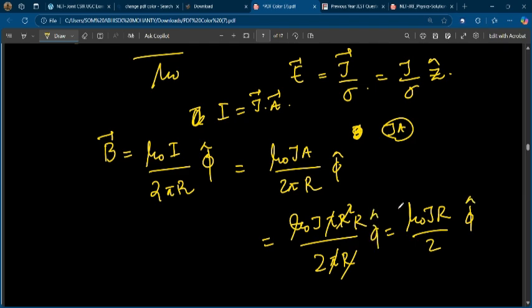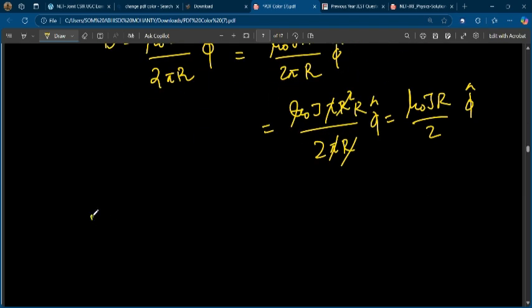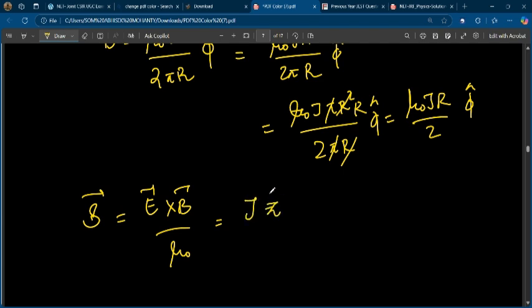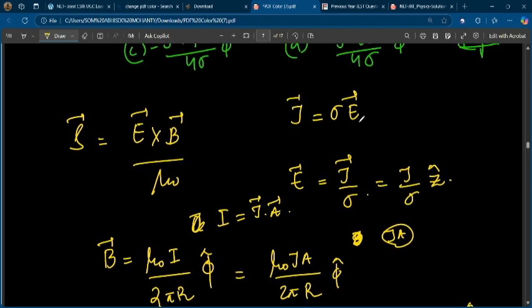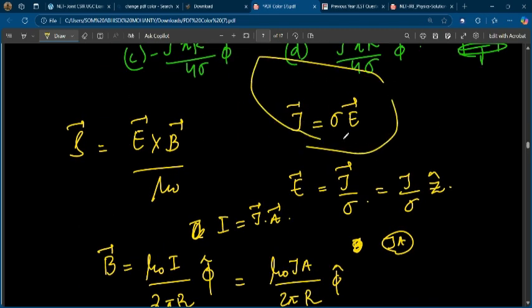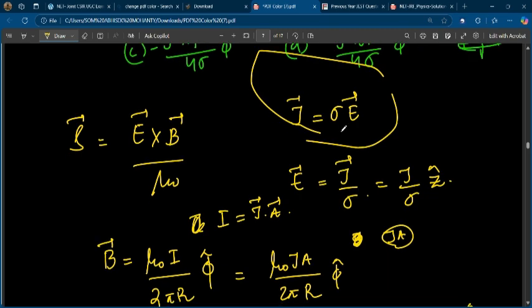So let's do the Poynting vector now. S vector is equal to E cross B divided by mu naught. E is J Z cap by sigma, cross mu naught J r divided by 2 phi cap. We all have studied Ohm's law, but it needs to click at that very moment that the electric field can be J by sigma.